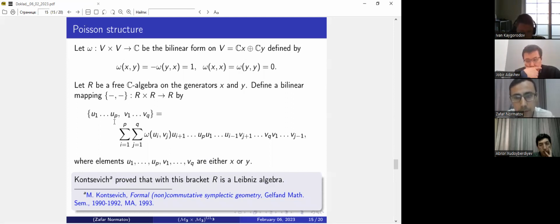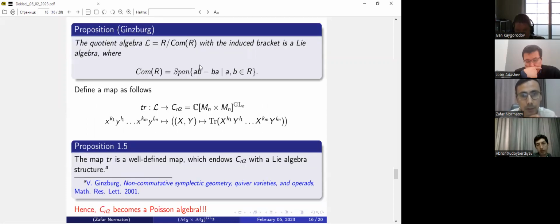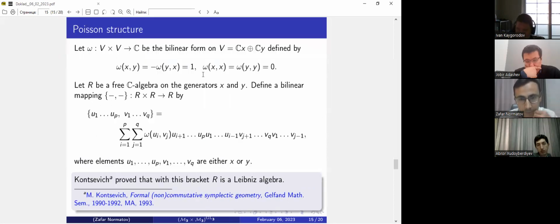You are starting from I plus 1, but after this quotient in the Ginzburg construction, will it be possible to change these indexes in the Kontsevich construction or not? Here, U1, U2 are changing. Is it possible?